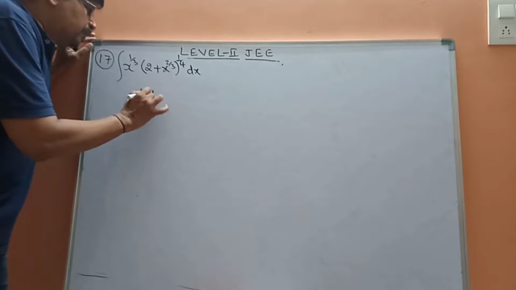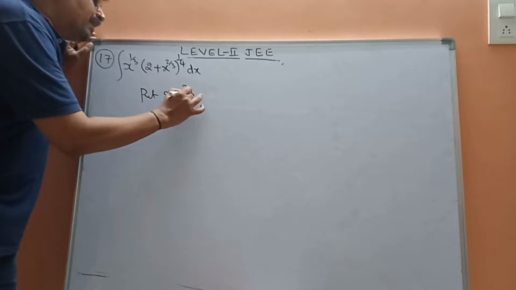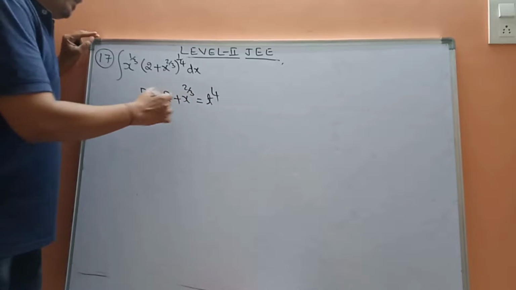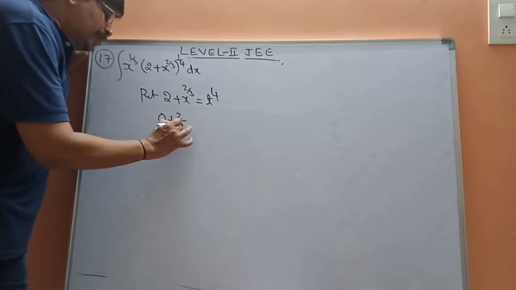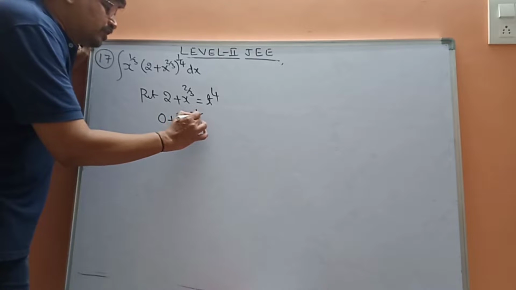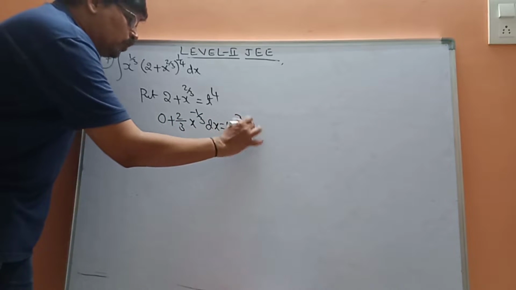Now put 2 plus x to the power of 2 by 3 equals t to the power of 4. Differentiating both sides, the derivative of 2 is 0, so this is 2 by 3 into x to the power of 2 by 3 minus 1, that is x to the power of minus 1 by 3, dx equals 4t cube dt.